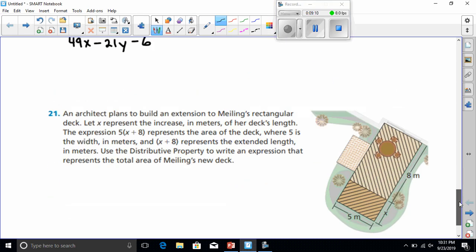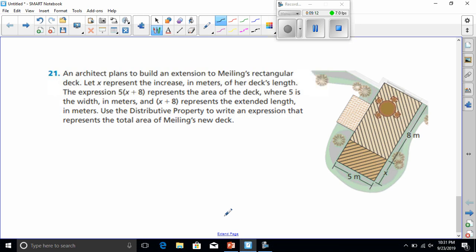And I guess I'm on my last one now, number 21. An architect plans to build an extension of Mei-Ling's rectangular deck. Let x represent the increase in meters of her deck length. Okay. The expression 5 times x plus 8 represents the area. Well, we're talking about area, right? 5 is her deck width, and then the extended part is going to be x.